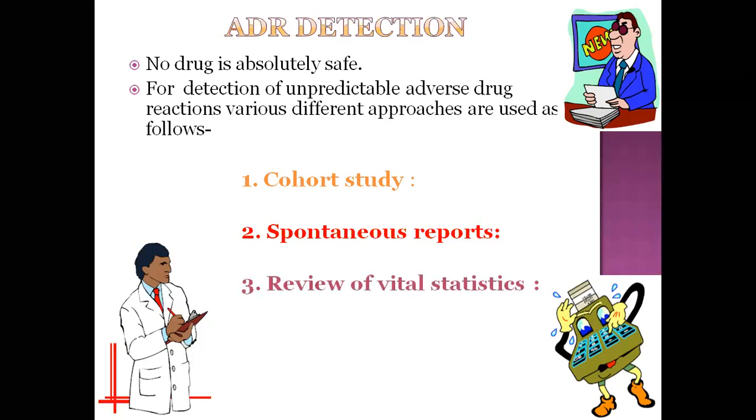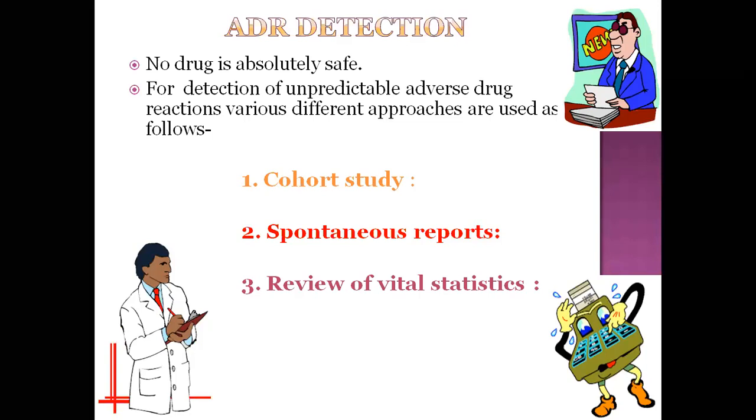The third detection approach is a review of vital statistics. Whenever statistics are needed, this calculator is activated to know the statistics of the concerned drugs, such as unexpected increases of adverse reactions. This statistic is a national as well as international review of the concerned drugs, which helps to identify an unexpected increase in the reactions of concerned drugs.